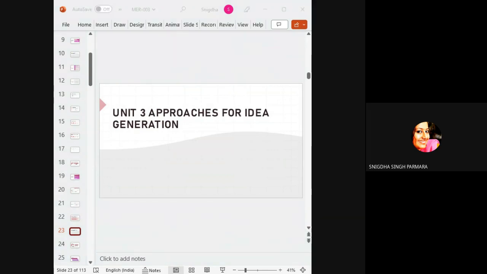Next is unit 3, which gives the details about what are the approaches for idea generation.